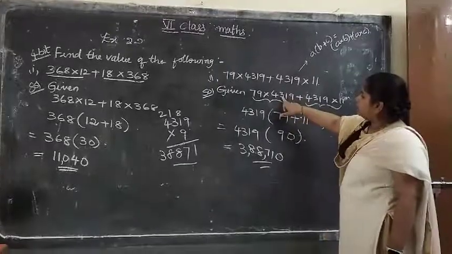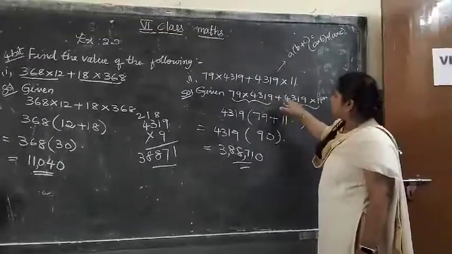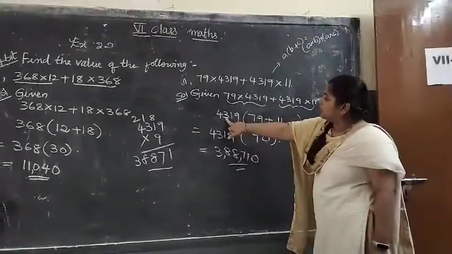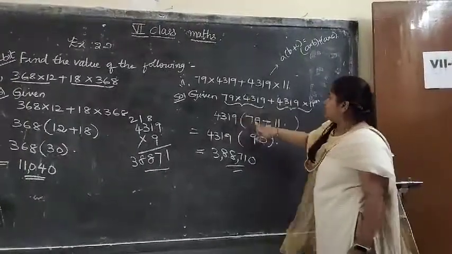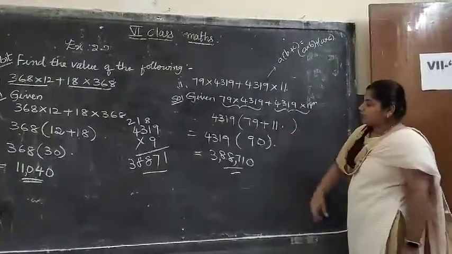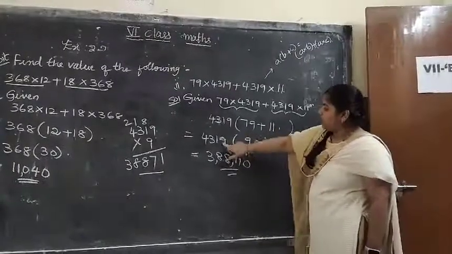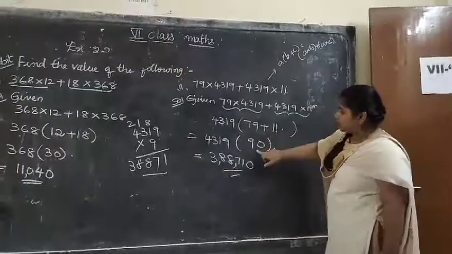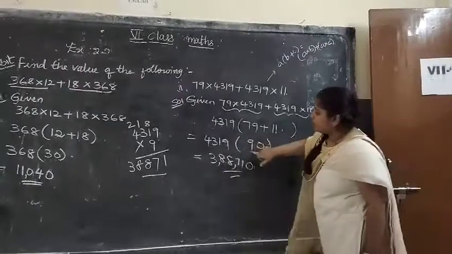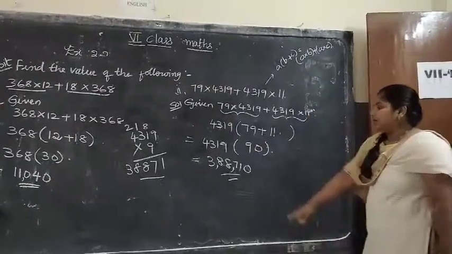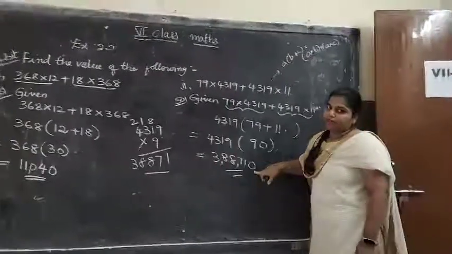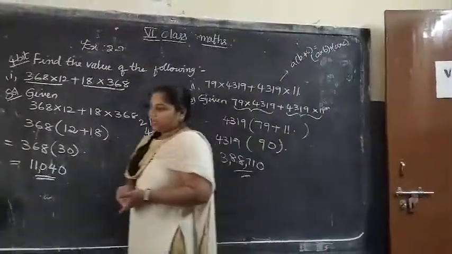Common is 4,319. So from these two terms I am taking 4,319 as common. Remaining terms you write in bracket, that is 79 plus 11. So 4,319, 79 plus 11 will be equal to 90. So if you multiply these two terms, the result will be 3,88,710.